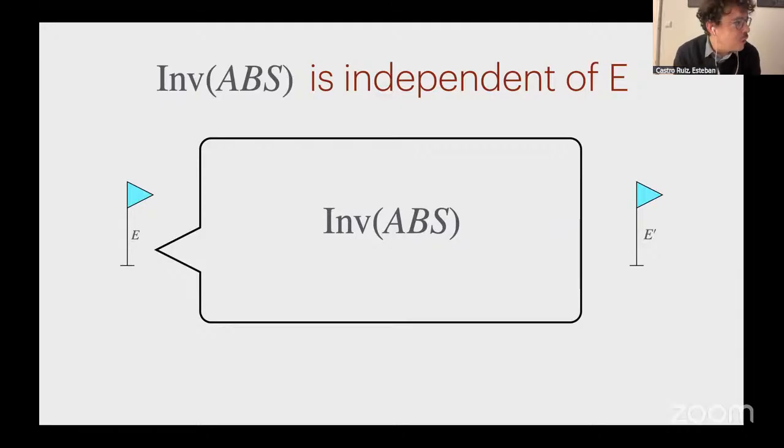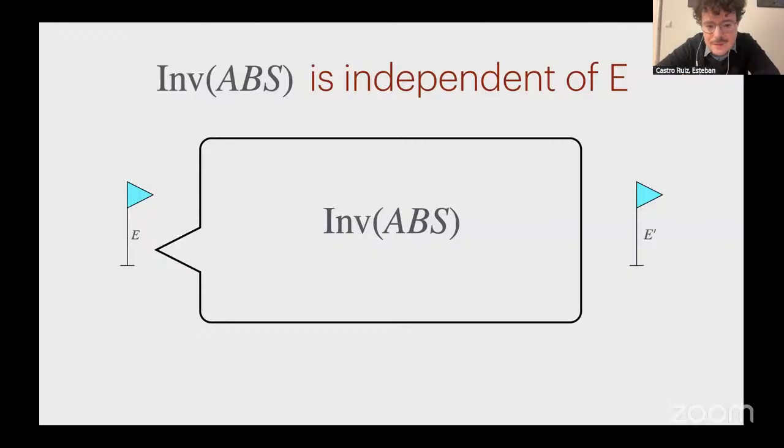Now there comes a subtle point. You could say, okay, yes, but these invariant operators assumed some sort of dependence on the external reference frame Eve. What happens if I have another Eve prime? Would she also define the invariant observables as the relevant ones? It turns out, yes.